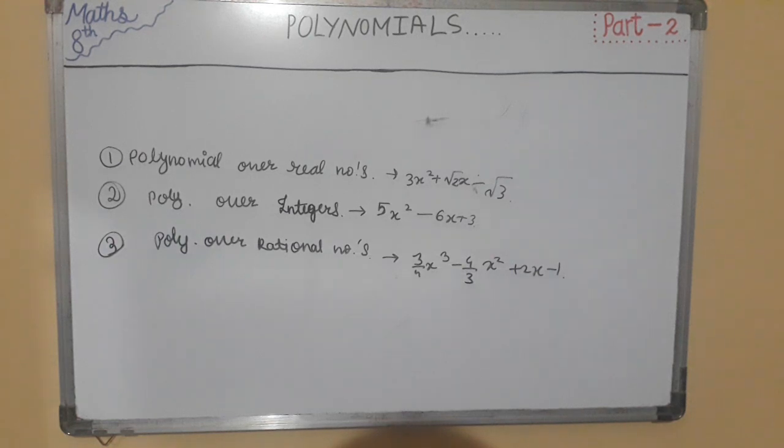If the polynomial contains only one variable, then the degree of the polynomial is the greatest exponent of the variable. It is always a non-negative integer.